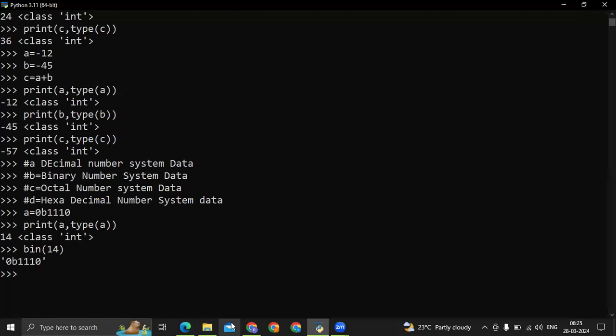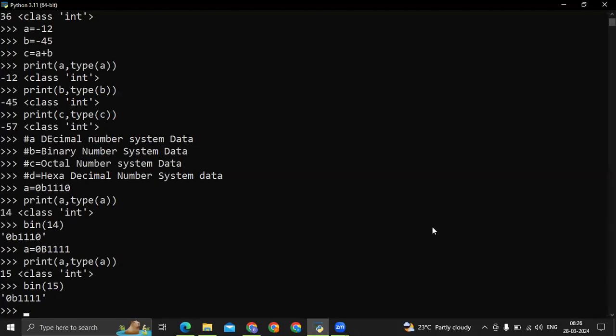Now, if I write A is equal to 0B in capital format, 1111, now print A, type of A. First of all, 15. This is class int. Now bin of 15. Clear to everyone?